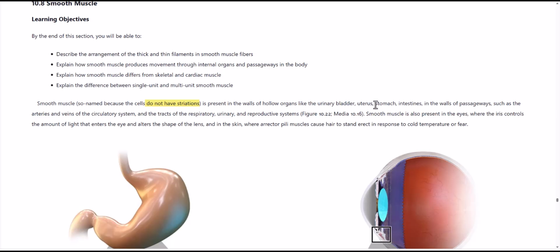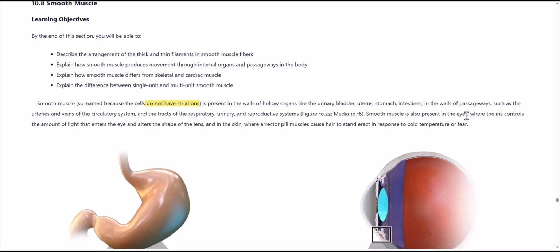Think your bladder, uterus, stomach, intestines, walls of passageways. Think your arteries and veins also have smooth muscle, as does your respiratory tract, okay? Along the fallopian tubes, along the vas deferens of the male. Again, lots and lots of smooth muscle pushing things along.